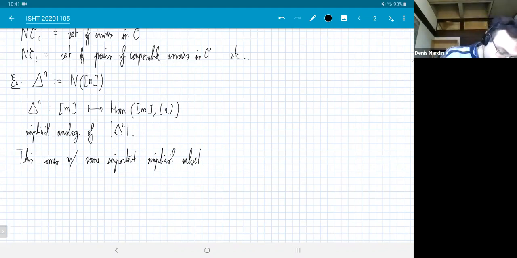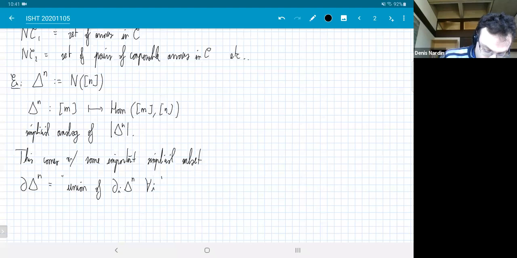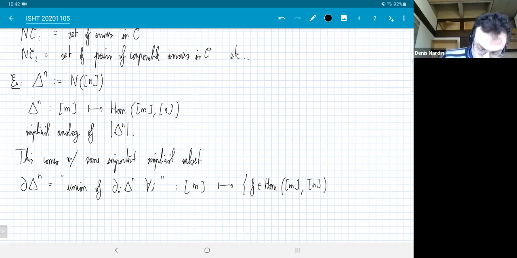So for example, its boundary, you can think of it as the union of Delta^{n-1} for every face i, and concretely this is sending m to the set of all maps that factor through a subset, so f is not surjective.